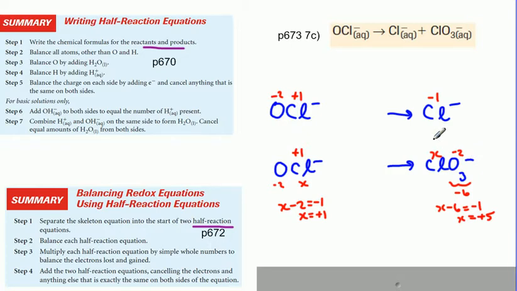And in fact, I found that chlorine, and over here you have to solve for chlorine, okay? X minus 2 is equal to -1. And so you find chlorine to be +1. Here chlorine has to be -1. So in this situation over here, chlorine is undergoing a reduction, okay? It's gaining 2 electrons. And in this situation over here, chlorine goes from +1 to +5, and you've got to solve for chlorine's oxidation number over here.